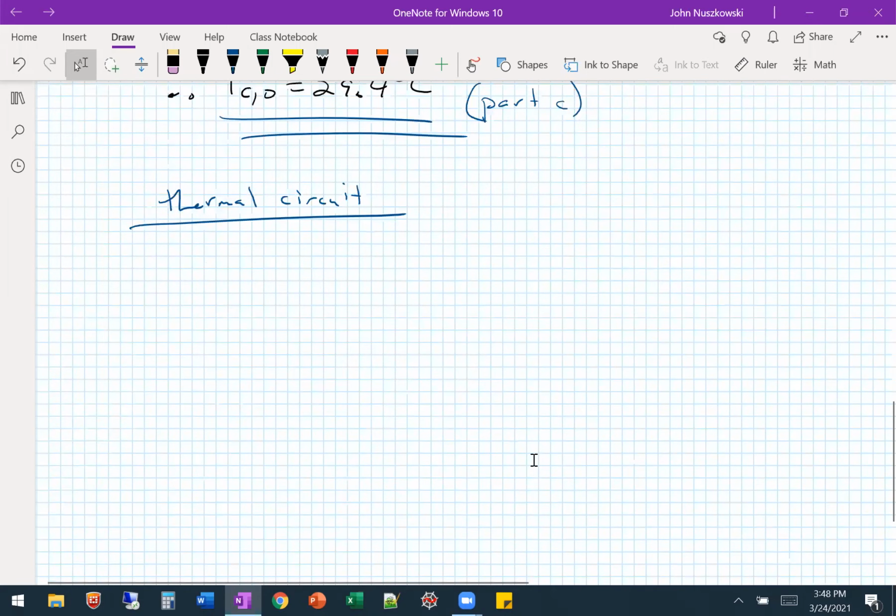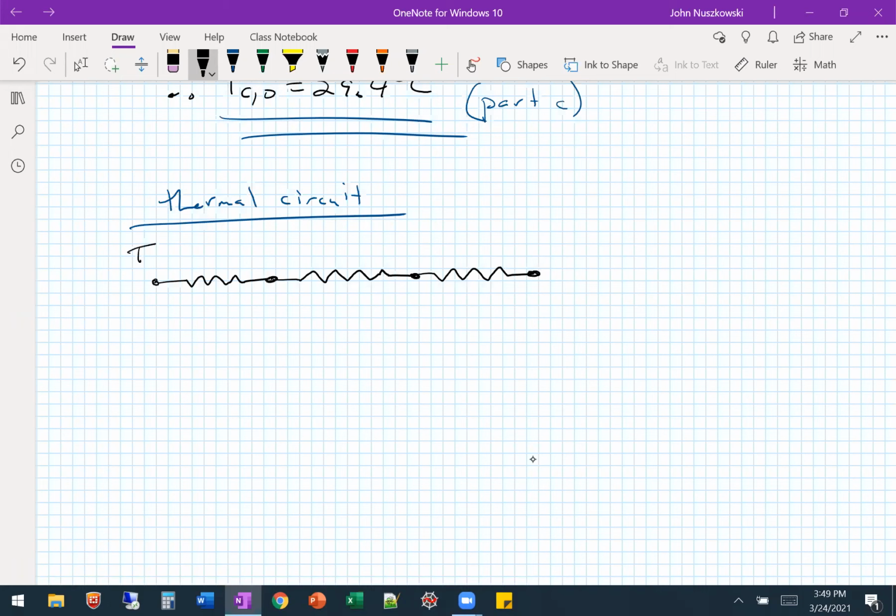So we would have then three resistors, right? So if we go from cold side to the hot, we have convection, right? So this would be the inner, let's just say inner.